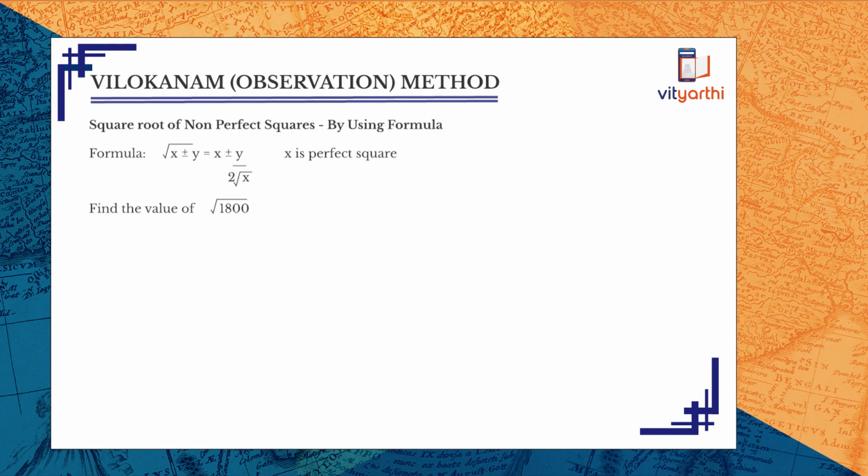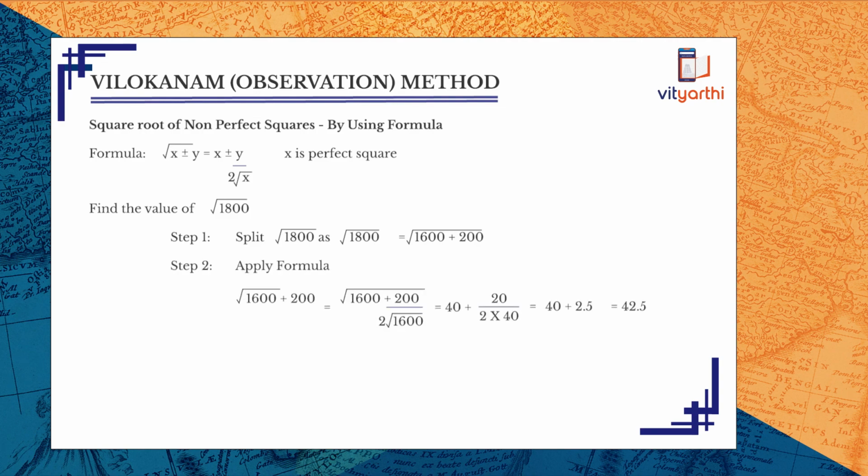Root 1800. Now we split 1800 as 1600 plus 200. Applying the formula, we get root 1600 plus 200 divided by 2 root 1600.